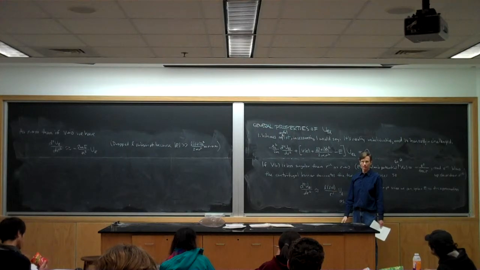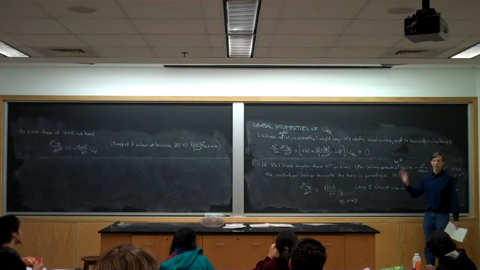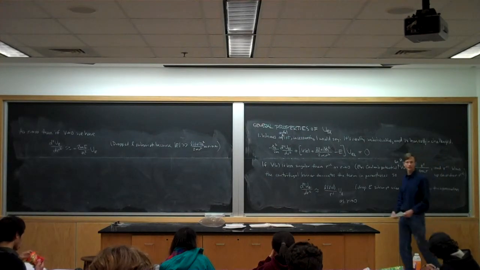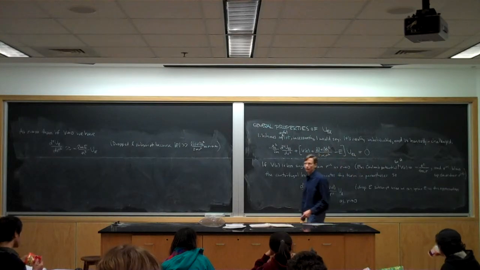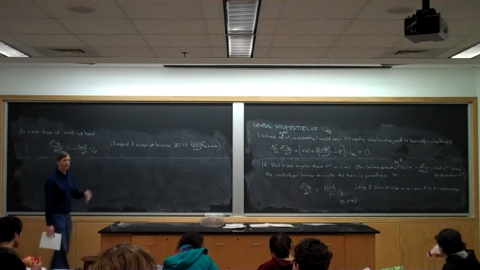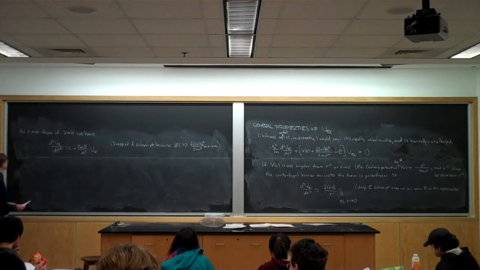No, I'm working with any V that goes away as R goes to infinity. The Coulomb potential is an example of that. But just in general, I want V to go away. I want the effective potential really to go away as R goes to infinity there.